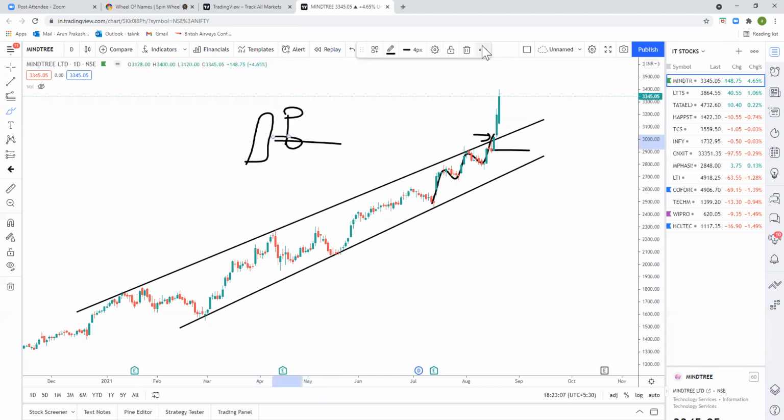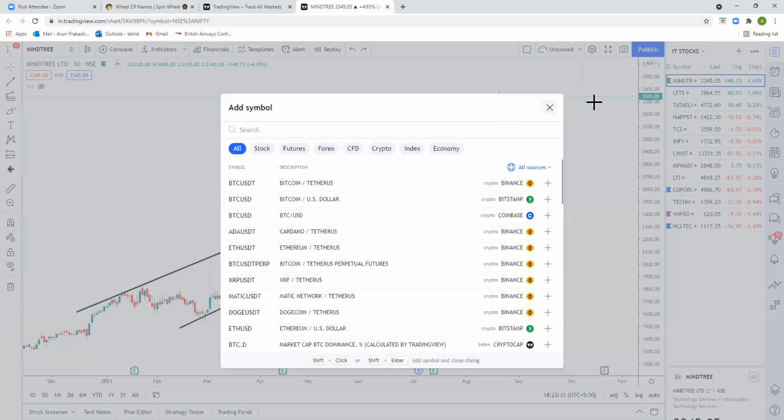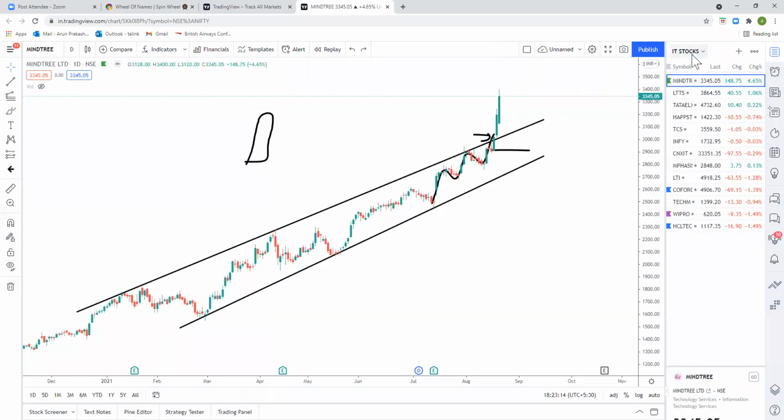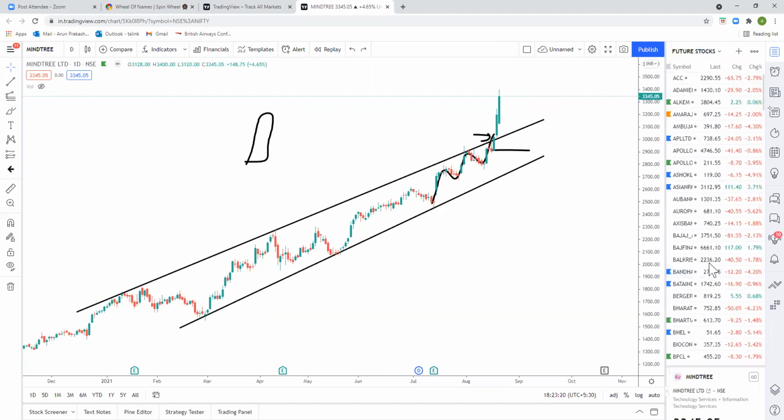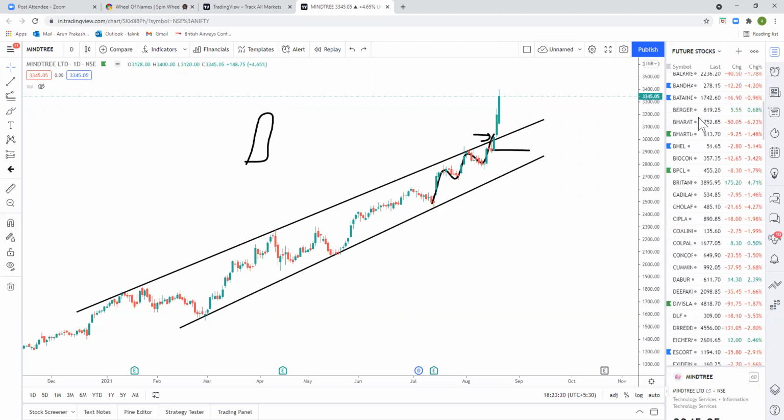Just like McDowell, there was a nice structure forming in McDowell, and two days back, it went up like a rocket. See, McDowell is one stock which had given a breakout already, and it was testing the patience of so many people. So, see, I'll show you the structure in McDowell.